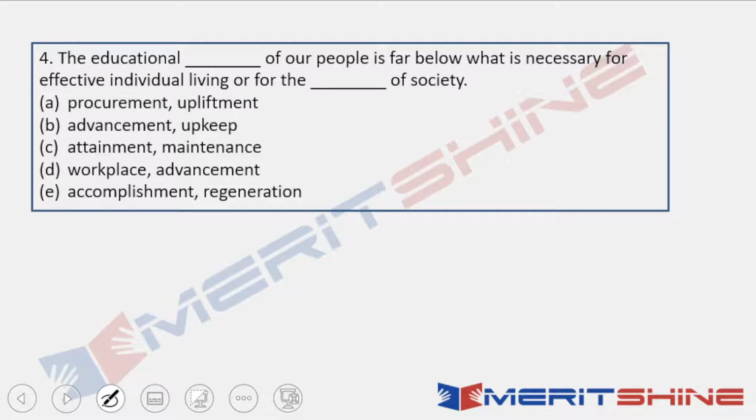The educational blank of our people is far below what is necessary for the effective individual living or for the blank of the society. So, from the reading of the sentence, we know when I am saying far below, the overall sentence's idea would be a negative tone sentence. So, whatever the educational achievements or so are not up to the mark.